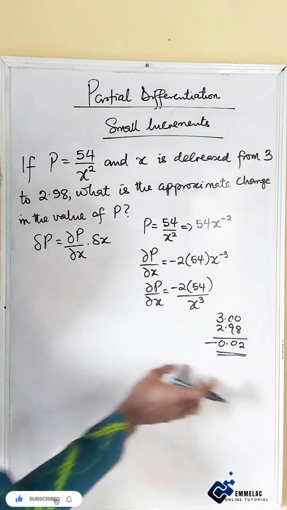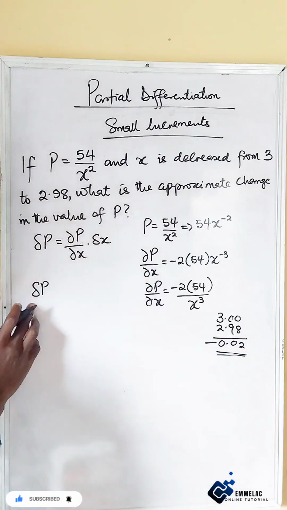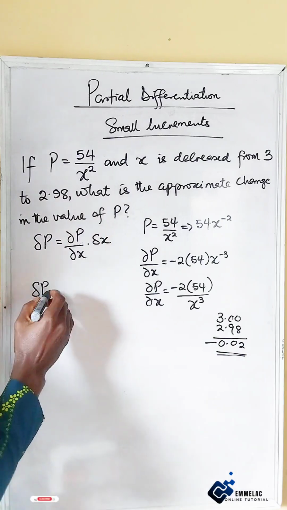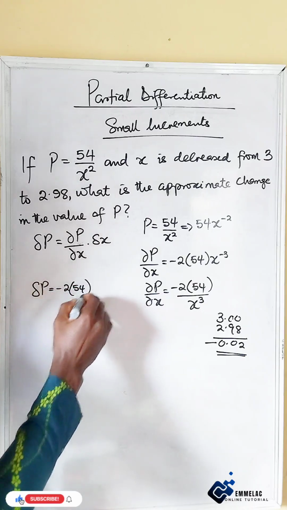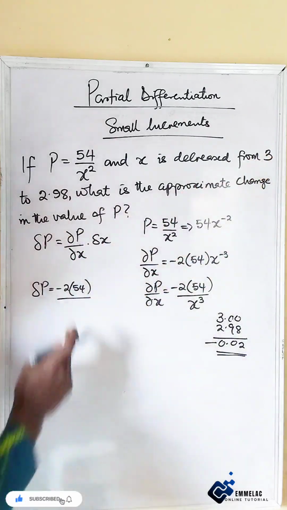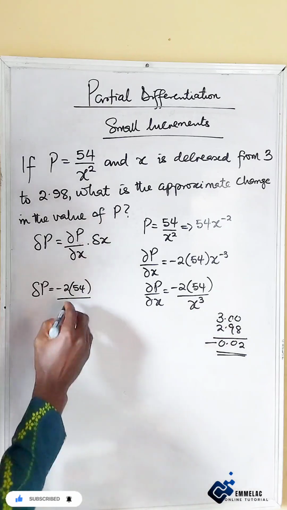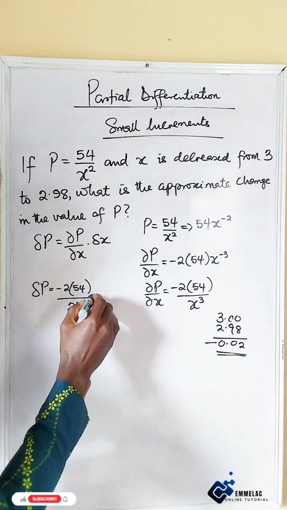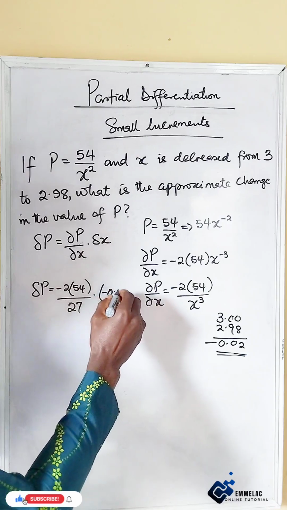So plugging in all these values into the equation, the approximate change in p will be negative 2 into 54, all over x, which here is 3 because that is the starting point. So 3 raised to the power of 3 will give us 27, then times negative 0.02.